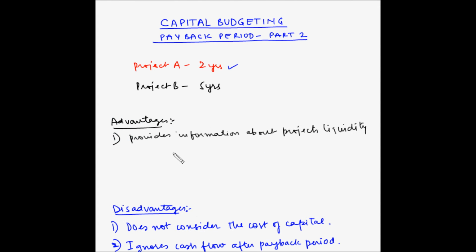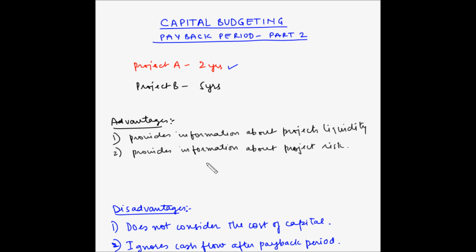So basically, the payback method can tell us about the riskiness of the project. So longer the payback period, riskier is the project. So second advantage is that it provides information about project risk.